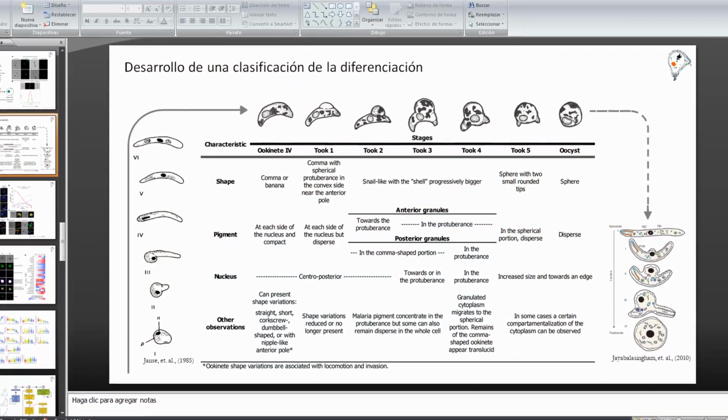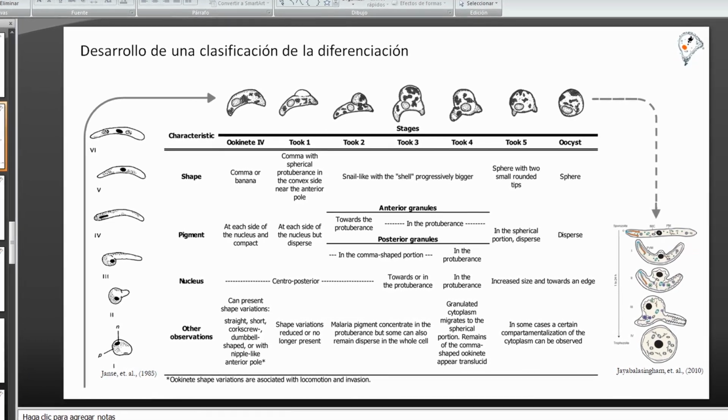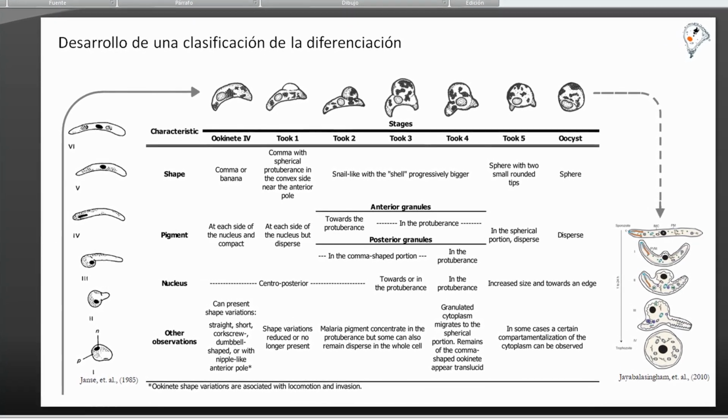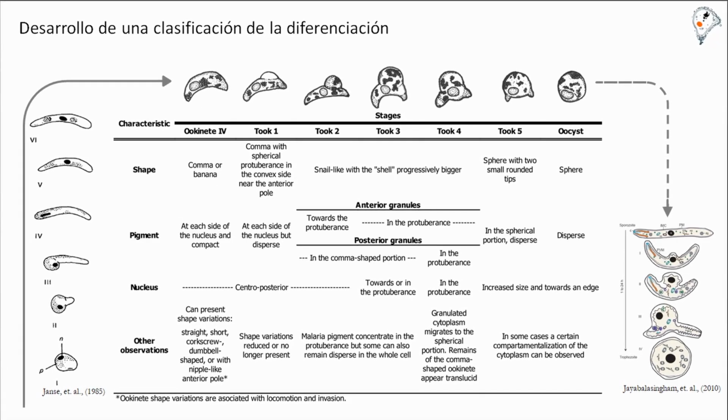So now we have the complete development of the malaria parasite within the mosquito. First, starting down here in the left, we have the zygote, and the zygote differentiates into an ookinete within the blood bolus of the mosquito after a mosquito takes an infected blood meal.